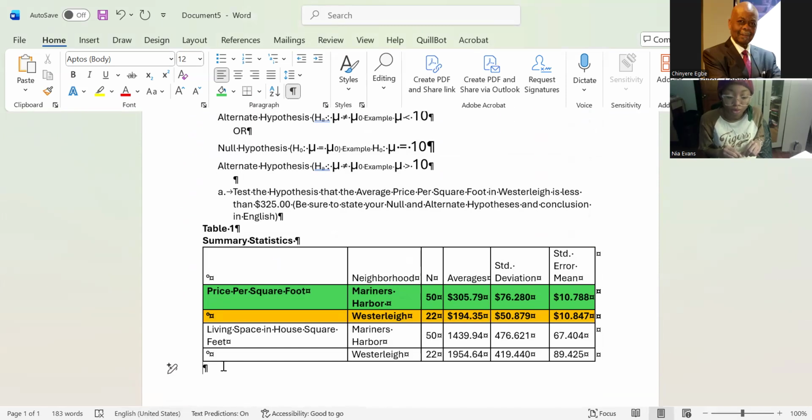Now, what is your objective when you're testing a hypothesis? The ultimate objective is to reject the hypothesis or not reject the hypothesis. And when you do not reject the hypothesis, what you're actually saying is that you do not have sufficient information to reject the hypothesis, right?